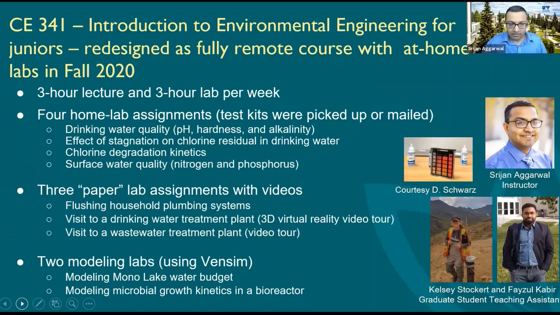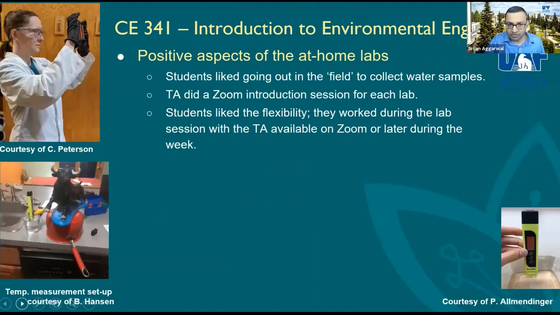Students can plot some of these things, and it has some nice features for looking at sensitivity analysis, like how a change in the K value, or some constant, would change the growth rate. So I thought this was a good balance, having four hands-on labs where they had to do stuff, make measurements, and write more detailed reports, and these where there were some limited activities, but still a good amount of learning happening. So this was the structure of the course.